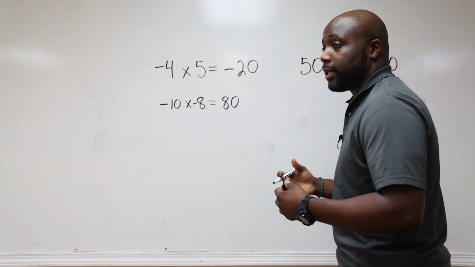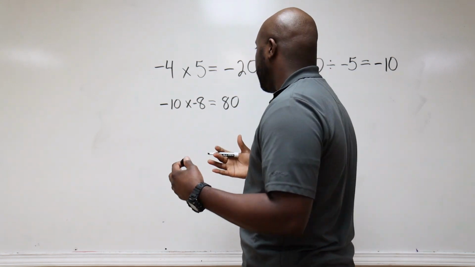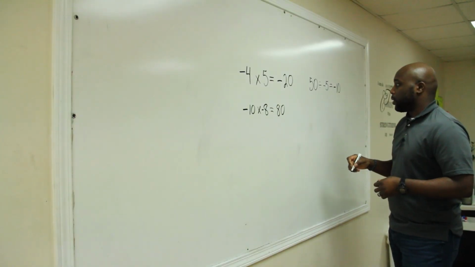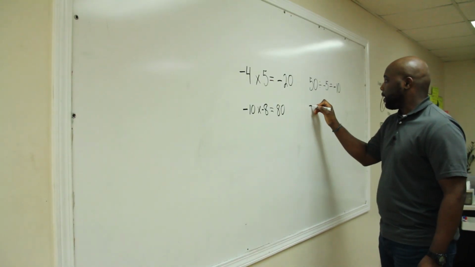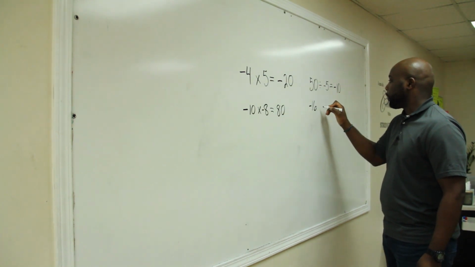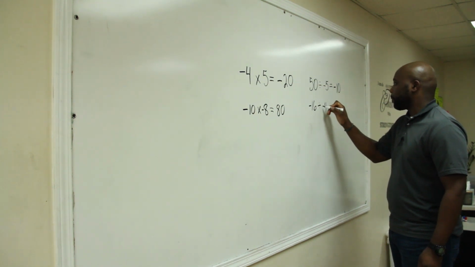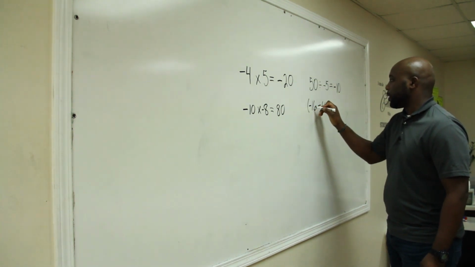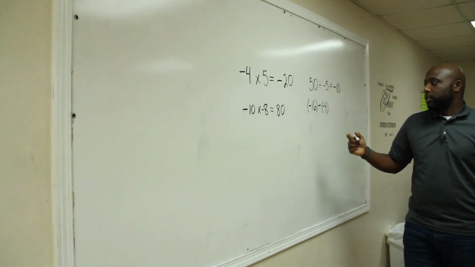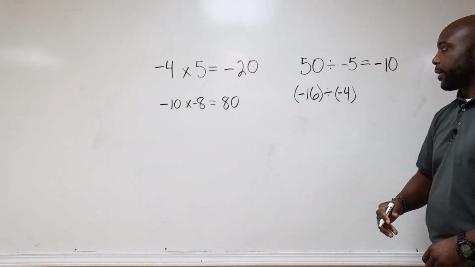Now let's try to divide two negative integers by one another. So let's take -16 divided by -4. Let's place them in some nice parentheses for a change so you all can see the problem a little bit better.